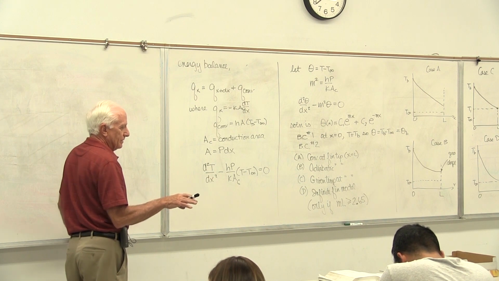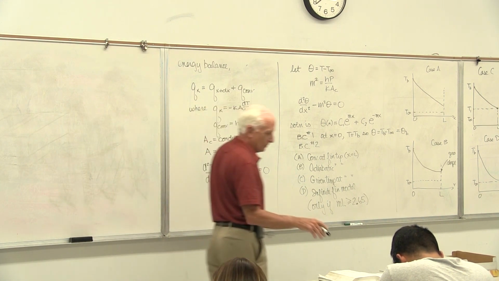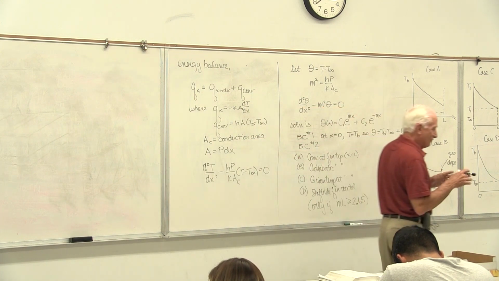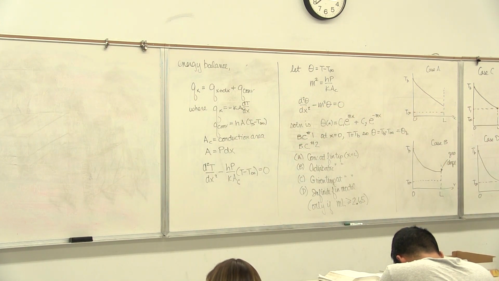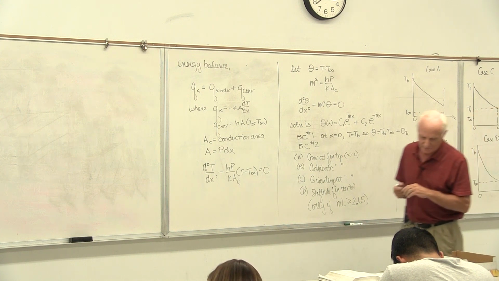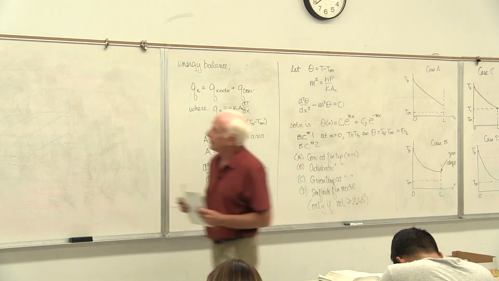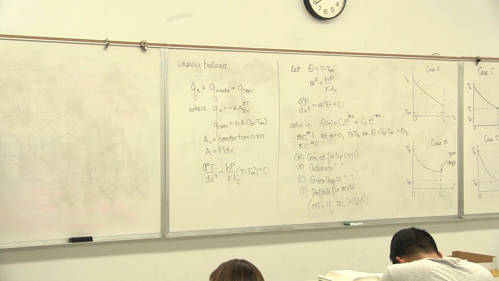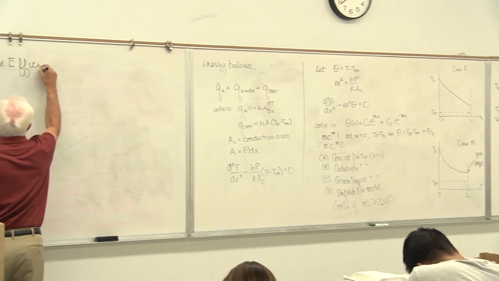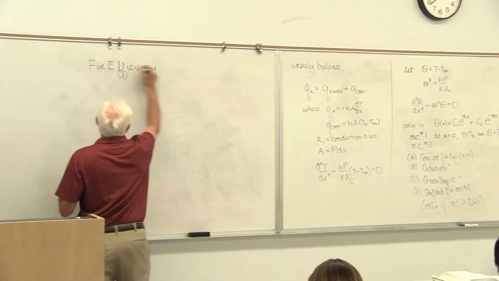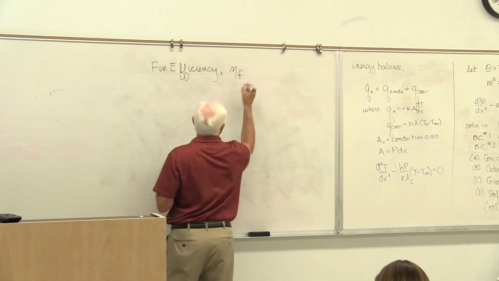We're not going to be concerned with fin effectiveness, so you can eliminate that from reading. Fin efficiency, pardon me, is what we're going to analyze. It's given a symbol, eta sub f.